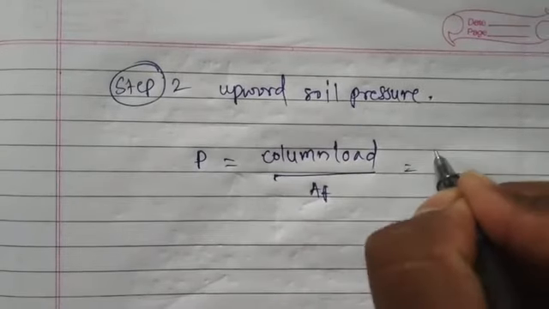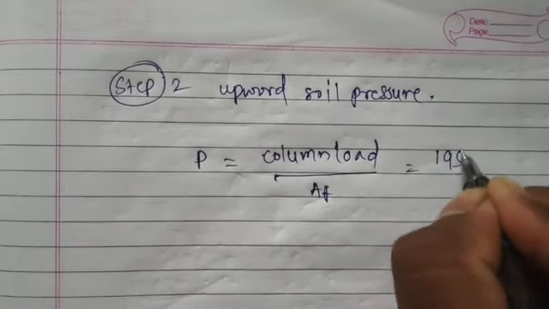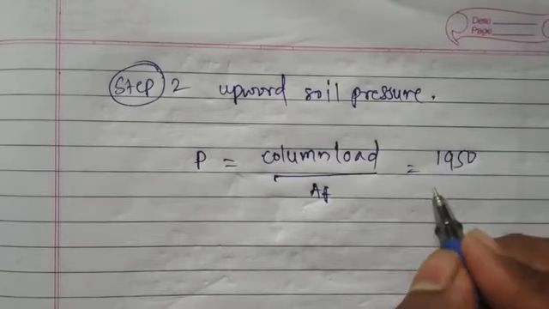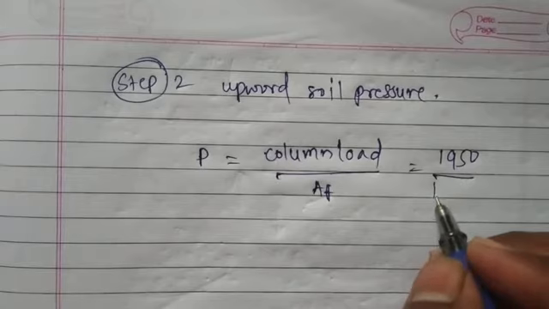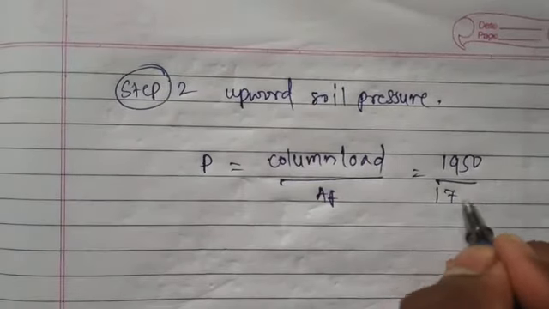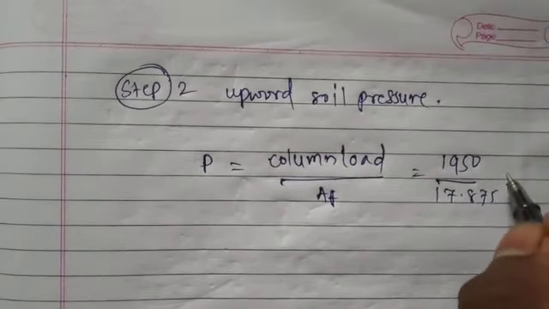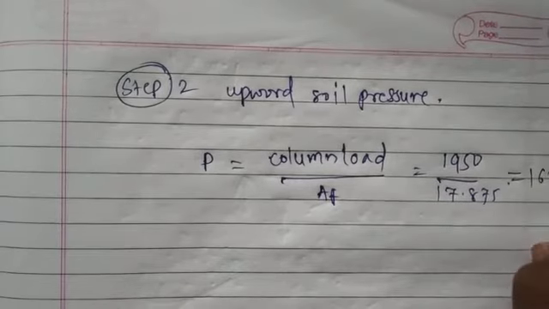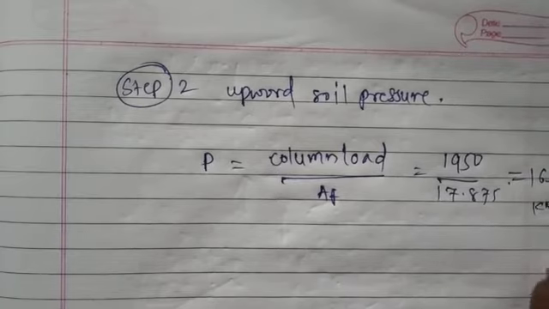I am directly writing the factored load, 1950, divided by the area of footing, which according to our calculation is 17.875. If you calculate this, you will get 163.63 kilonewton per meter square.